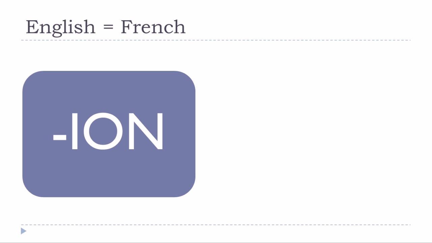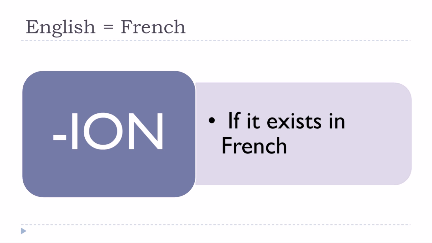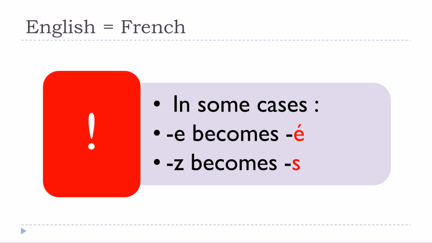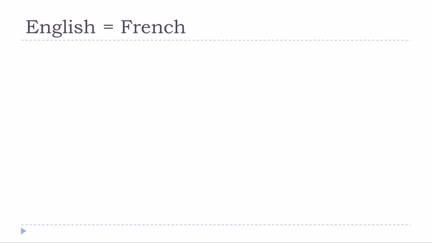And I've been working on that quite a lot, and I can tell you that unfortunately that's not the truth. So the first thing that you should keep in mind is that it will be the same if it does exist in French, and it's not the case all the time. And then the second thing that you should keep in mind is that in some cases the writing of the words will change a little bit. Okay, let's start now.